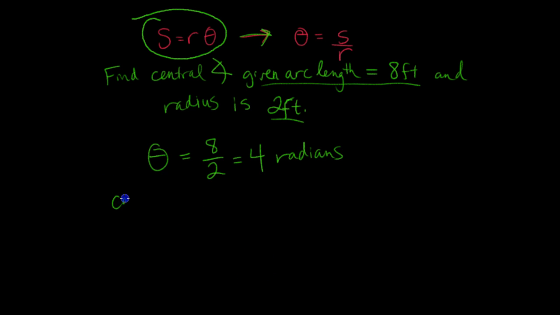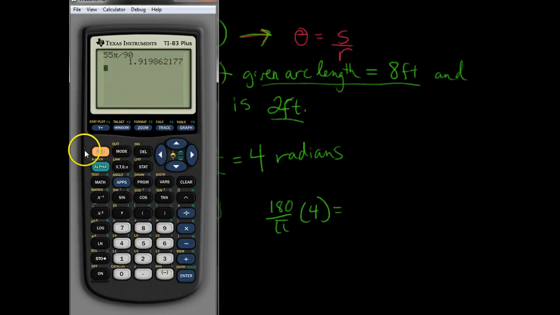So if we wanted to convert to degrees, we would just say that 180 over pi times 4 would give me my degree conversion. So we're just going to have to use the calculator for that.